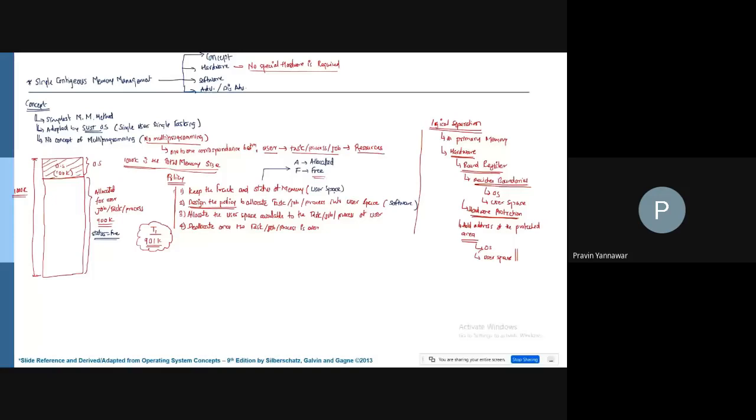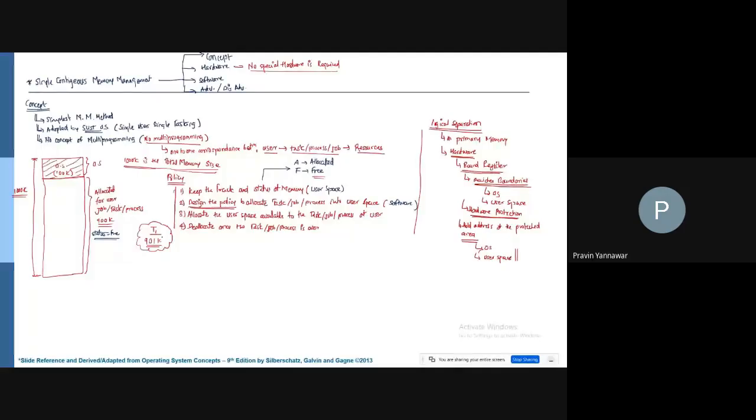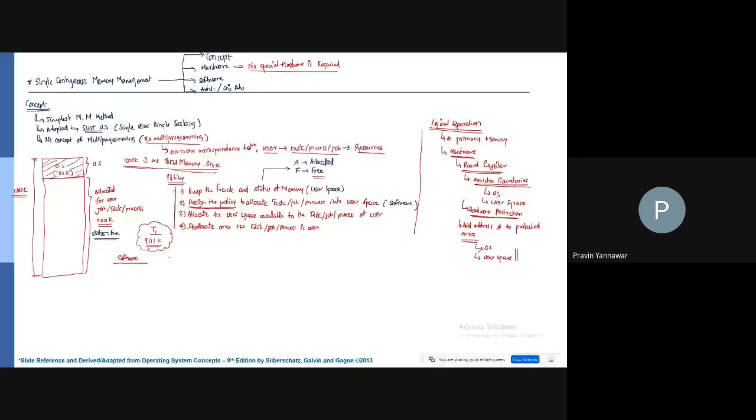Now if you look at the status of this particular memory user space, which is free right now, then we need to decide a policy for this. In case of this policy, one thing is decided: you are allowing only one task of user at an instance of time. So you need to decide a strategy for the software.